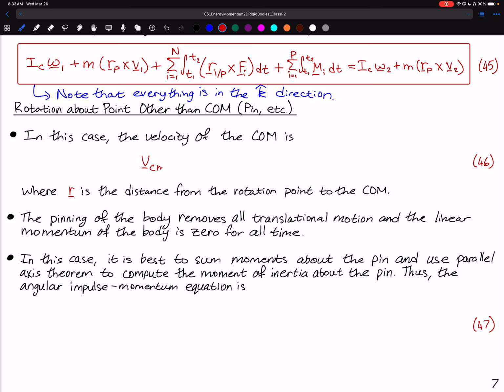V sub cm is then going to be equal to omega crossed with r, where r is the vector position from the rotation point to the center of mass. So the pinning of this body will remove all translational motion, and then the linear momentum is going to be 0 for all time. We will only have pure rotation.